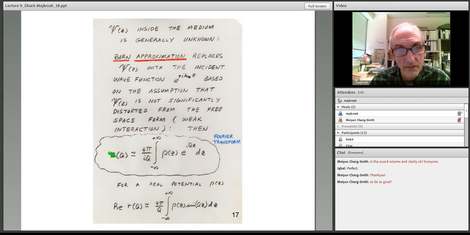This is not the reflectivity now, this is not the square. This relationship is the basis of most analysis of diffraction data, that is, in the limit where the scattering is sufficiently weak.